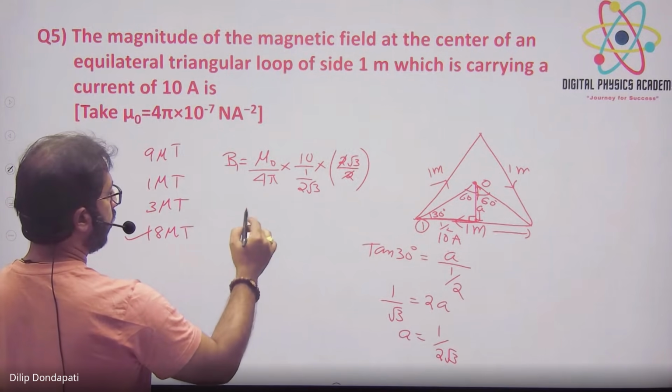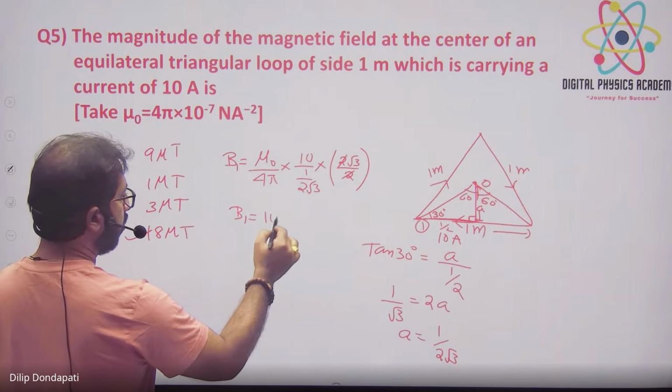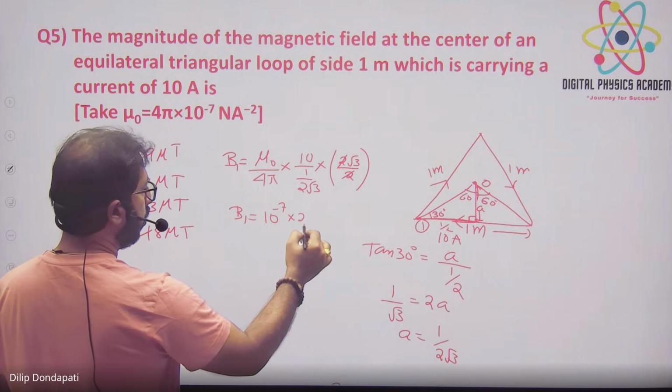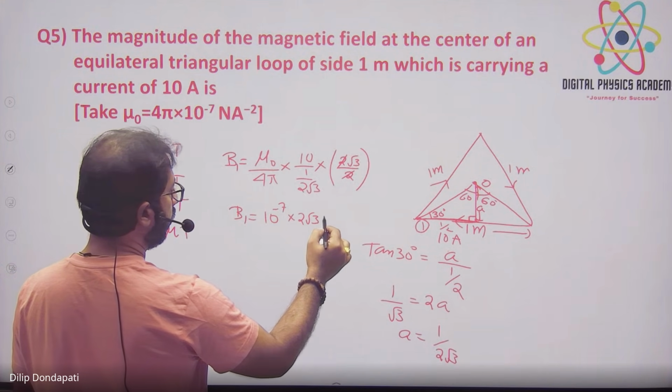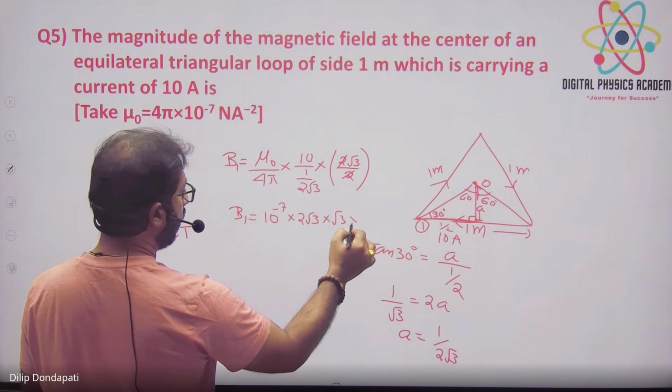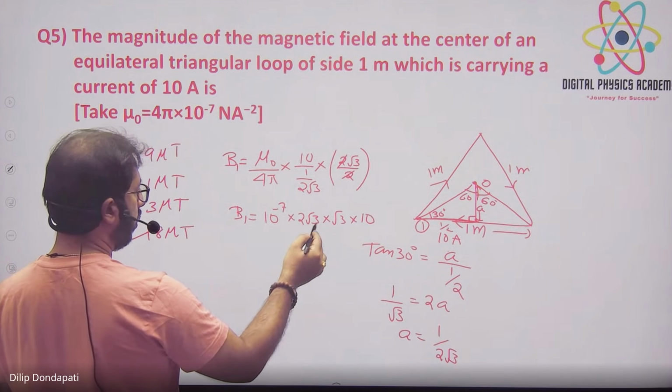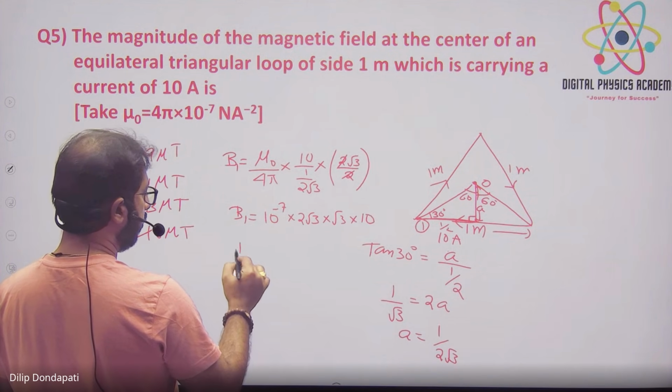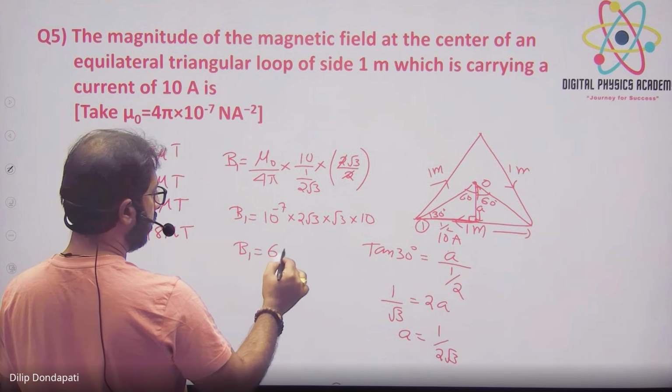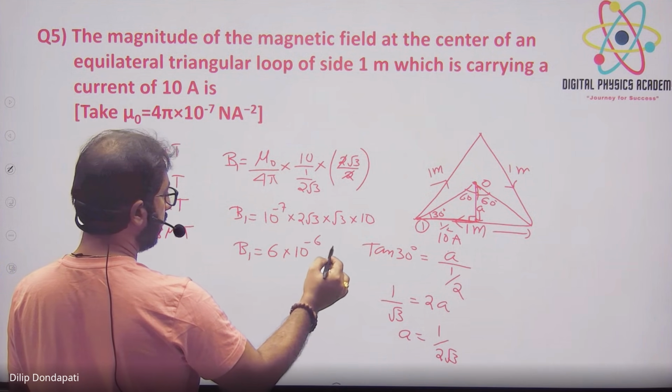So B1 is 10 power of -7 into 2√3 into √3 into 10. So 3 times 2 is 6. B1 is 6 into 10 power of -6 Tesla.